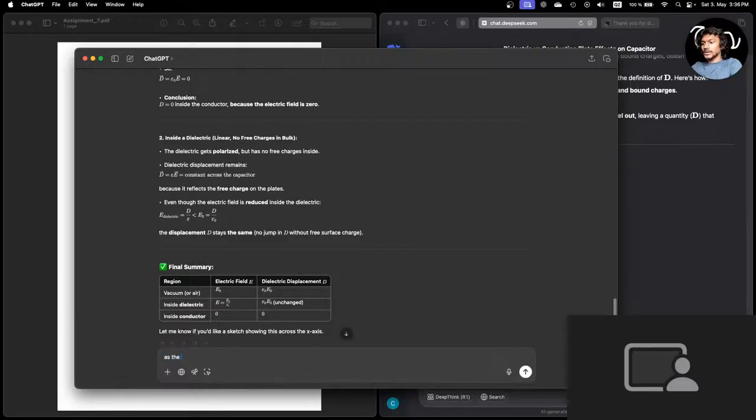As the conductor had a lot of free surface charge, is that the reason why its D is zero?